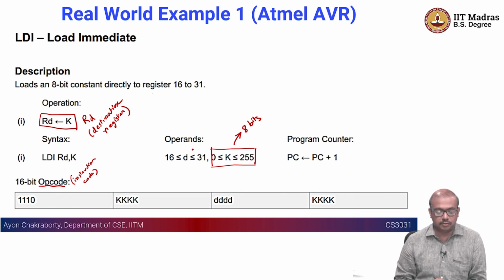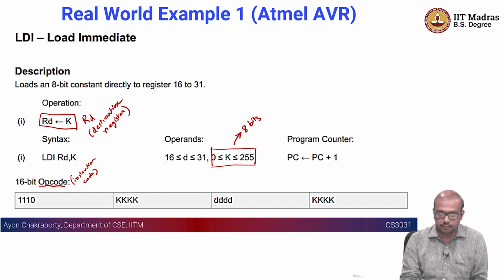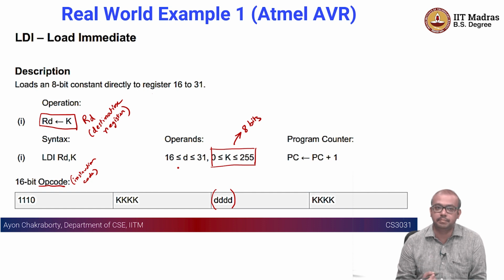Here you need to be careful about how many bits are dedicated. If you look at the manual, they talk about it more. You only have 4 bits, because we are not really referring to all the registers from 0 to 31, as that would require 5 bits.